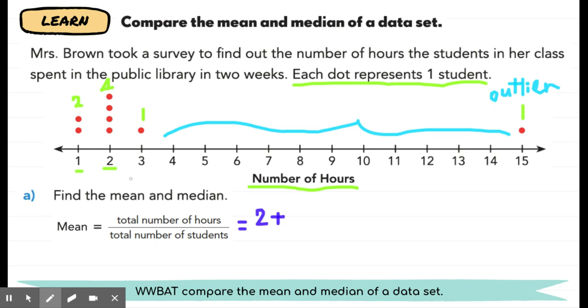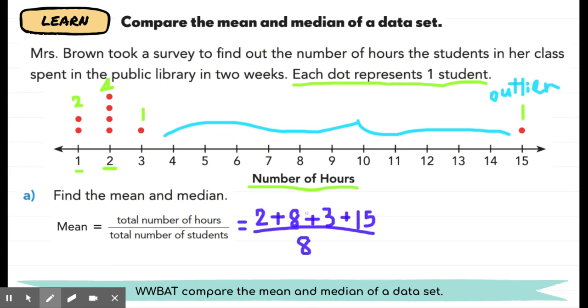So 4 times 2 is 8. And then we have 1 student who spent 3 hours and 1 student who spent 15 hours. Very hardworking. Then you divide by the total number of students. There are 1, 2, 3, 4, 5, 6, 7, 8 students in total.